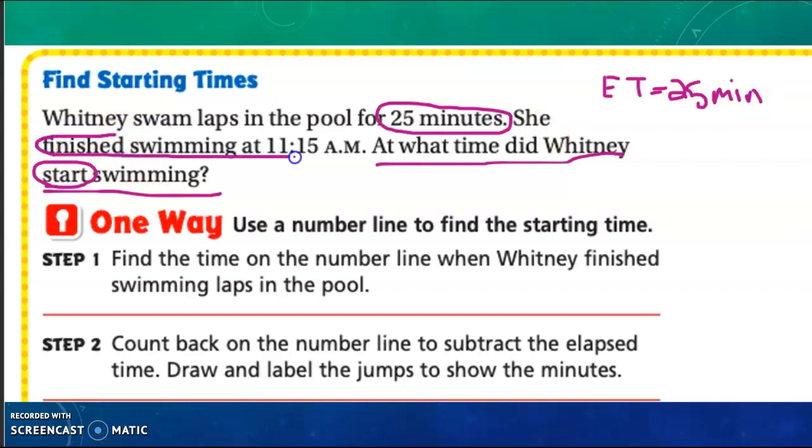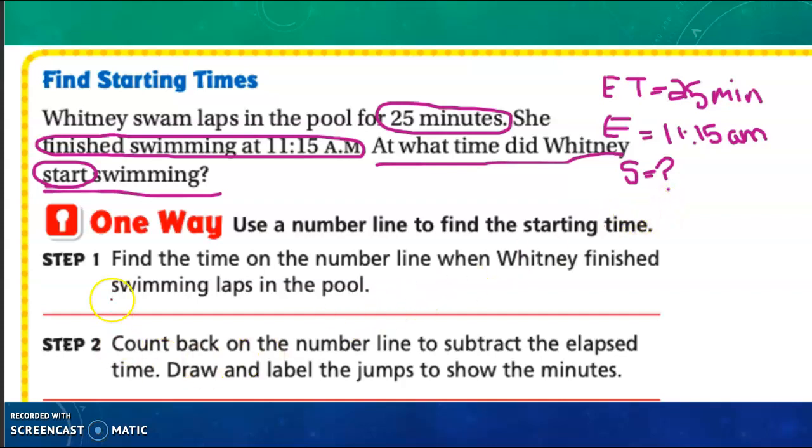Again, the keyword finish is telling us that that's the time that it ended. So then I know that my end time, and we'll label E for end, is 11:15 a.m. My question is asking for my start. So my start here is going to be my unknown. That is what I'm looking for.